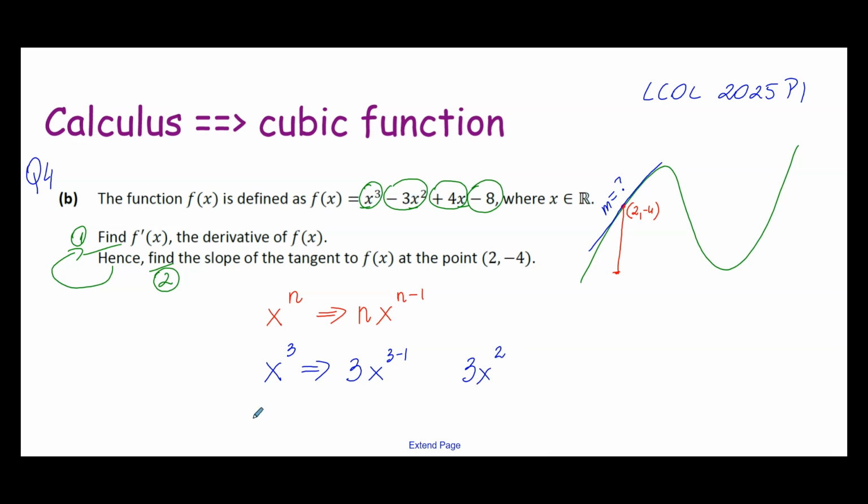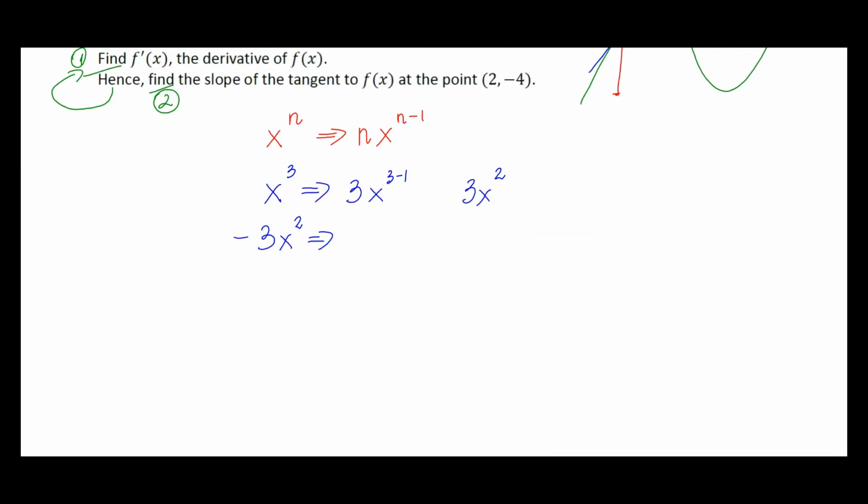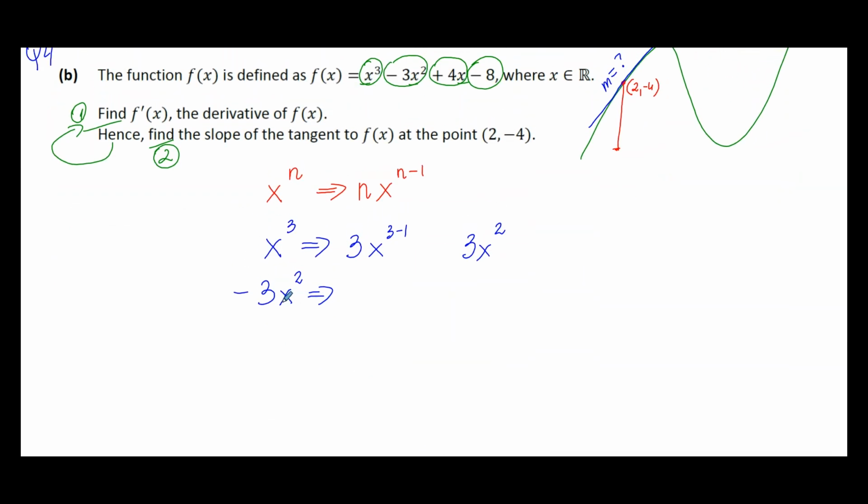Now, let's do the same for the next one, -3x to the power of 2. The slight problem we have here is, what do I do with this 3? Well, the number crosses over. Nothing changes. So -3. The rest follows the same pattern. The power goes in front.